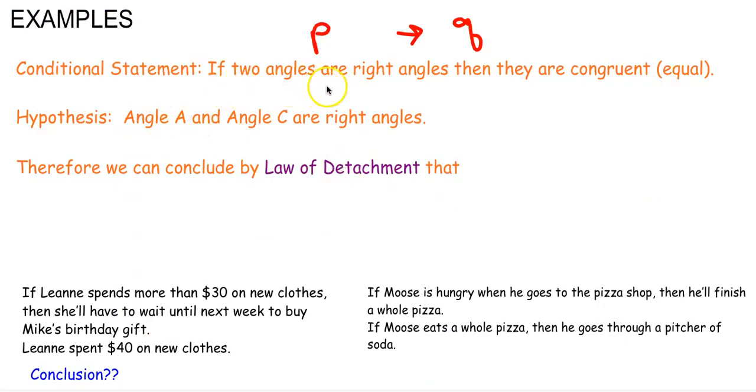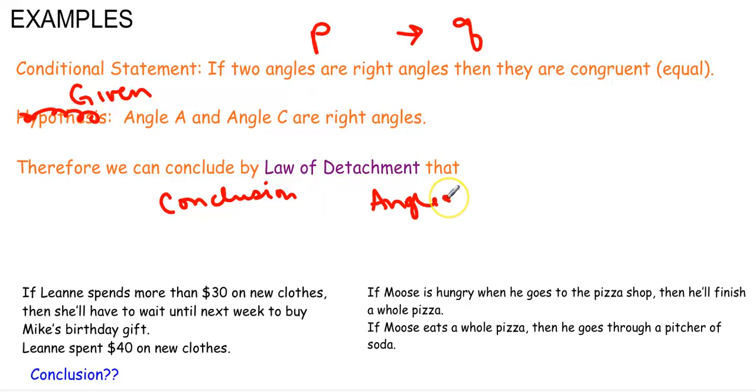So if we know two angles are right angles, then they have to be congruent, and then you are told this statement. I want to keep saying this is kind of the given statement that angle A and angle C are right angles. So our conclusion by the law of detachment is that angles A and C are congruent.